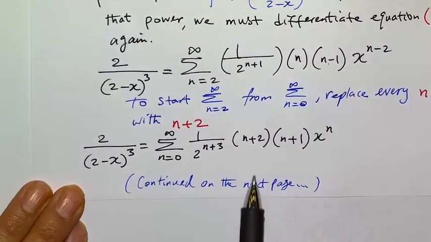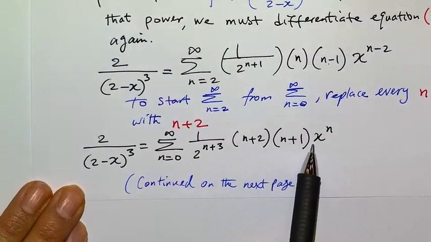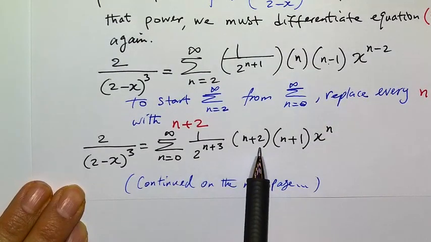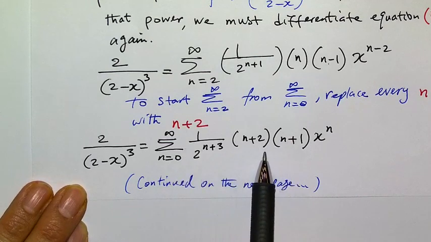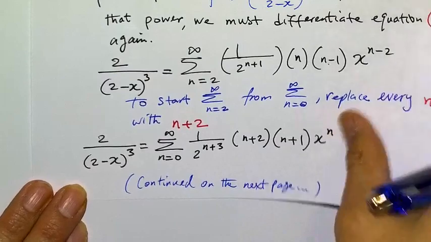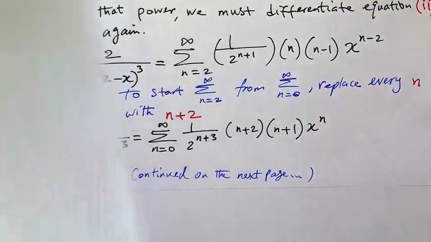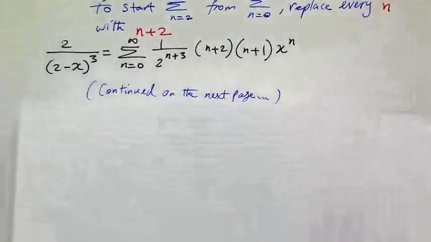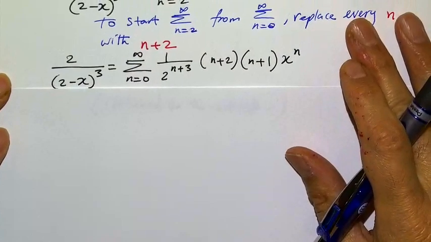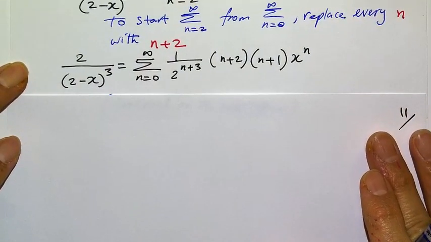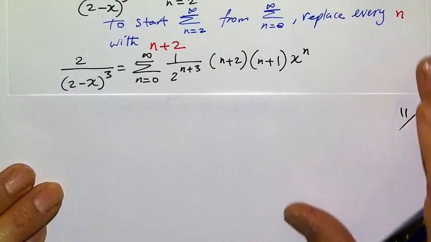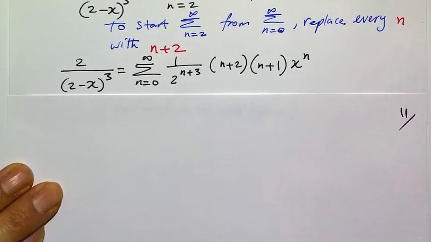But before that, maybe I should simplify this a little bit. Can I simplify this? Let's see. Yeah, maybe I can just combine this into just one fraction. I'll do that here.